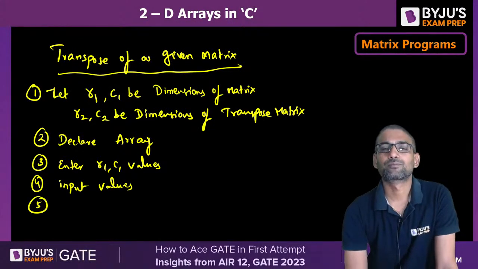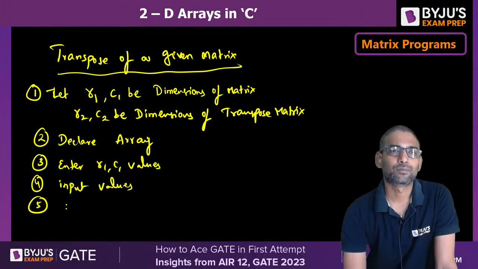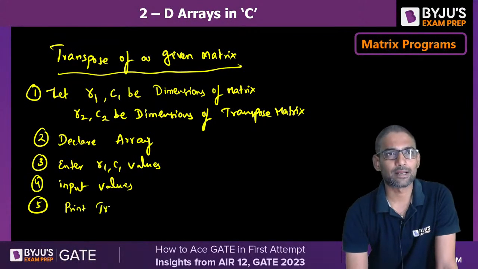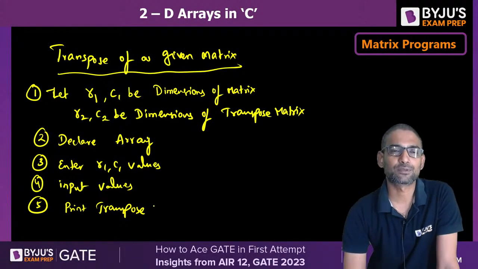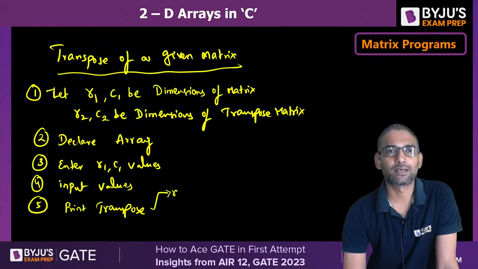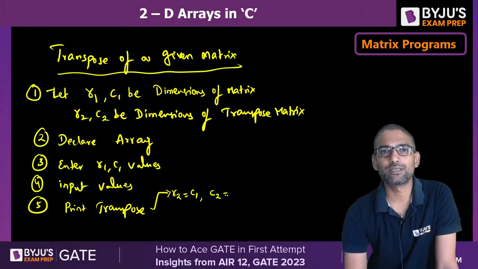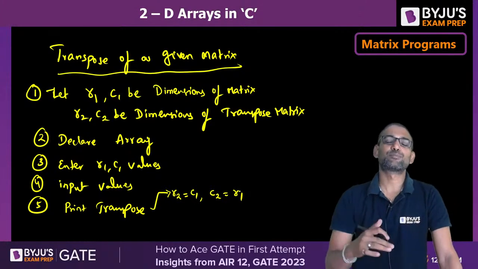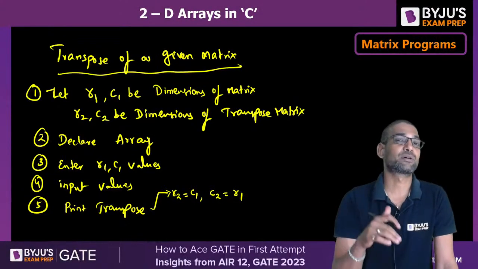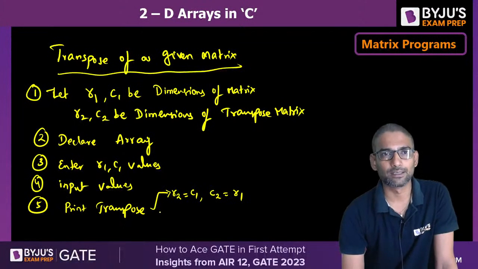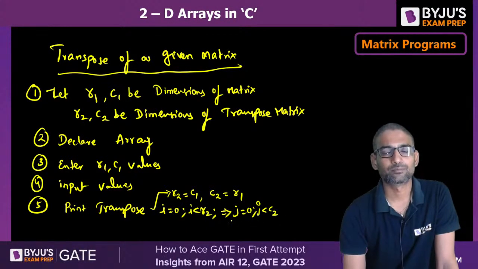Now what you have to do is print the transpose. So how can you print the transpose? You have to make R2 equal to C1, C2 equal to R1, because the number of rows becomes the number of columns and the number of columns becomes the number of rows. Then you start from I=0 to I less than R2, J=0 to J less than C2, and print.